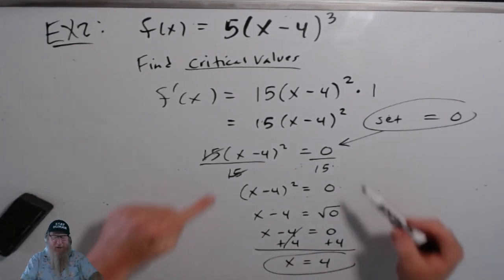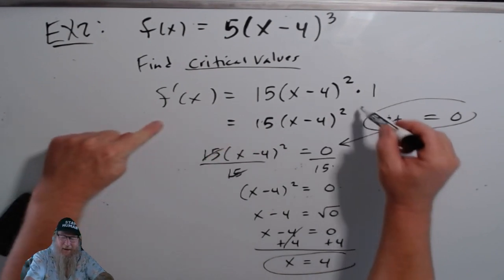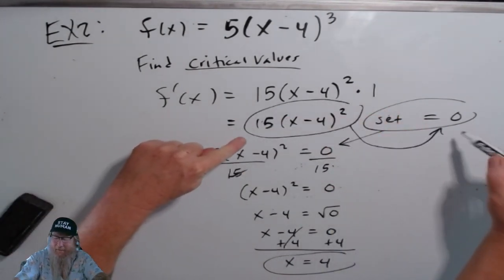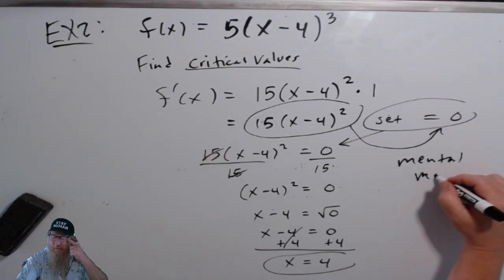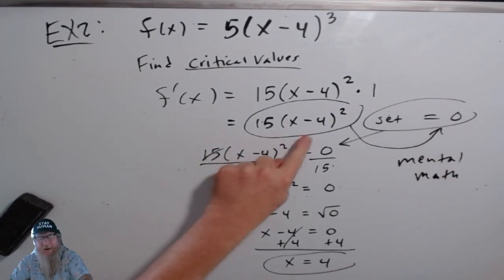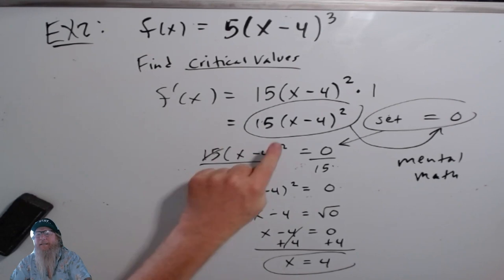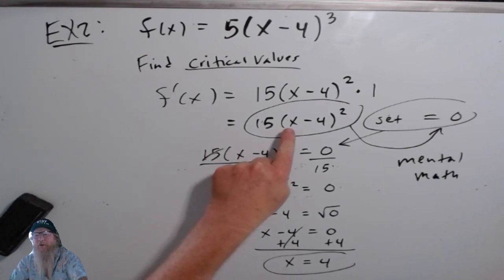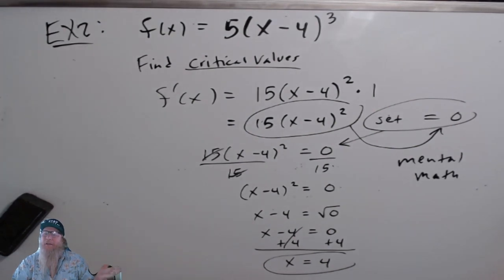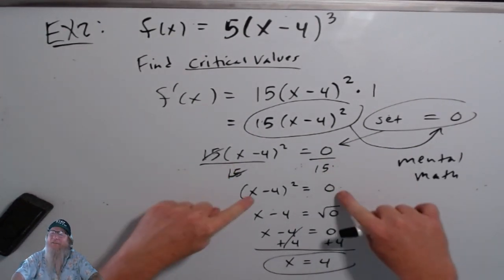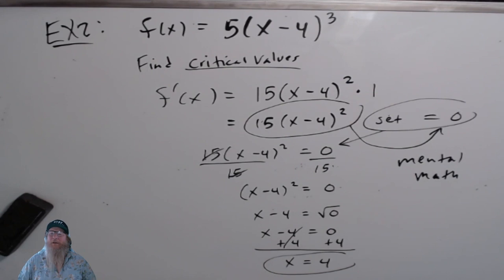That was a lot of work. You probably could have just spotted it right here. Yeah, mental math. As long as it's in factored form, it's pretty easy to see that if x is equal to 4, this entire factor becomes 0. So you could have just done it mentally, but just for the sake of mathematical perfection and clarity, I'm showing all the steps.